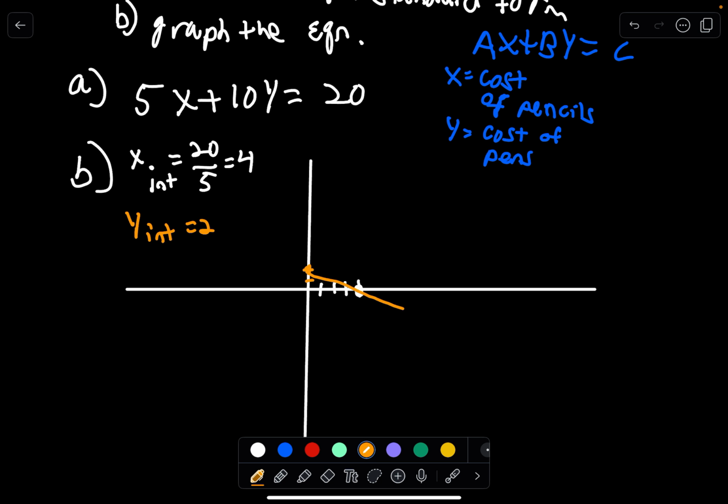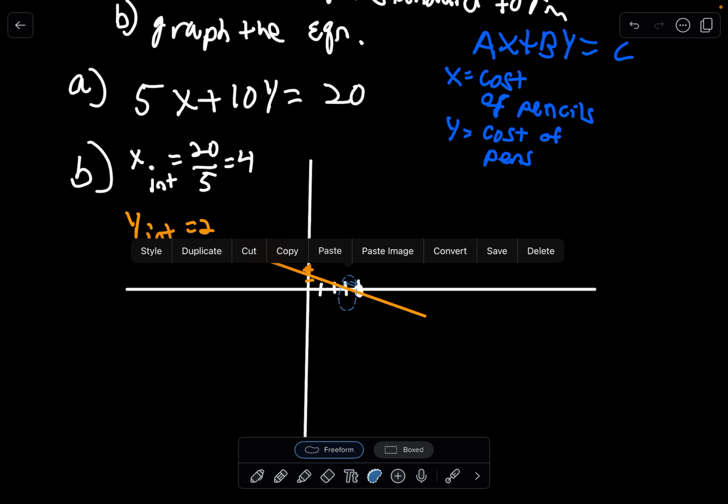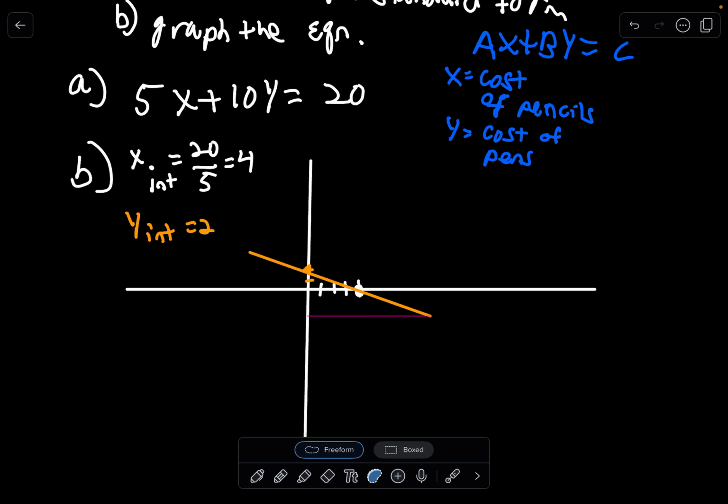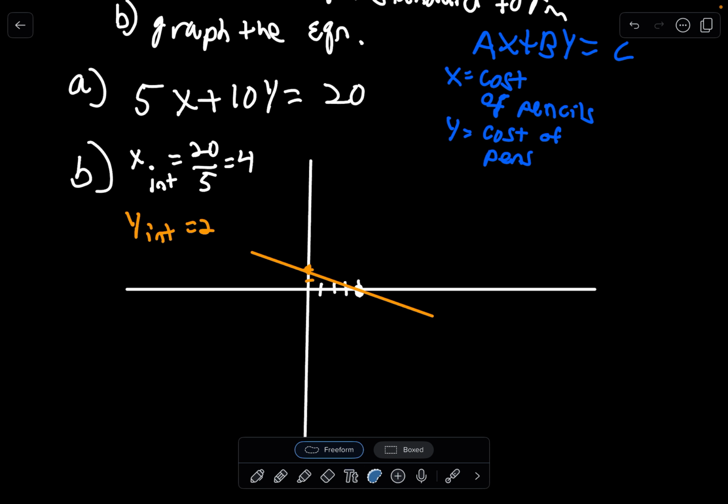You can graph the line. Make sure you draw straight lines. And there you go. And that's your quiz. Thank you. Bye-bye.